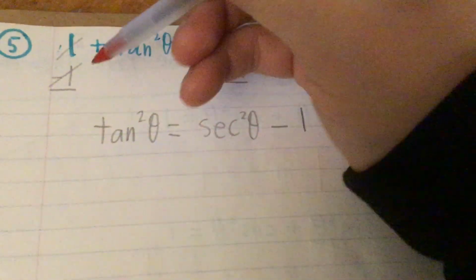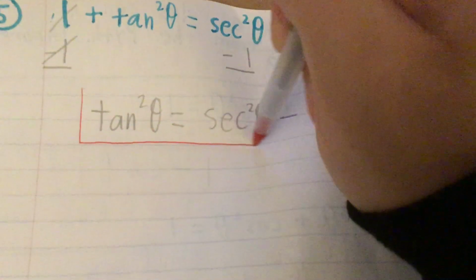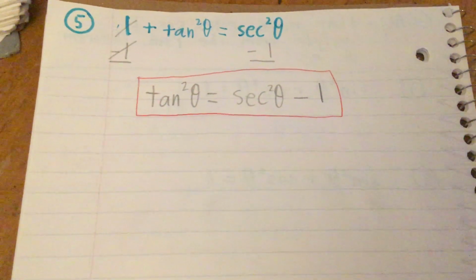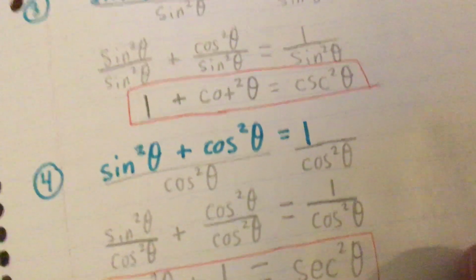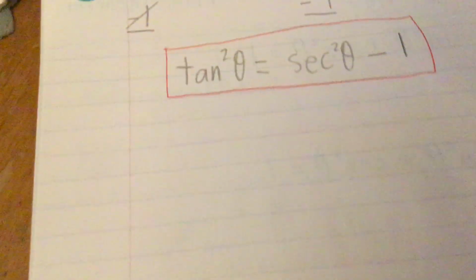A new rule. It takes a little bit of flexibility. So tangent squared of theta isolated is secant squared of theta minus 1. So we did that. 1 plus cotangent squared of theta is equal to cosecant squared. And that'll be the last rule I can come up with.